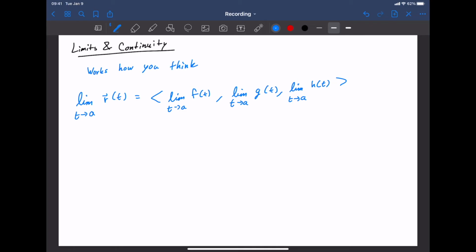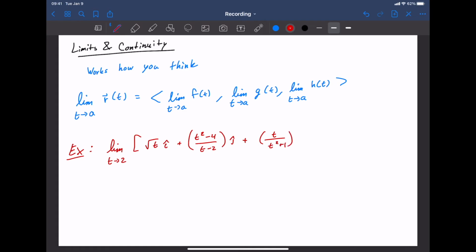For example, the limit as t approaches 2 of root t i hat plus t squared minus 4 over t minus 2 j hat plus t over t squared plus 1 k hat.